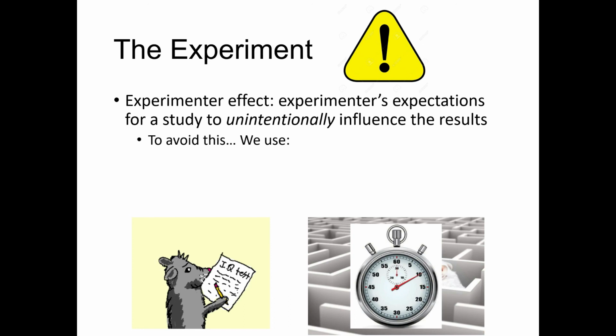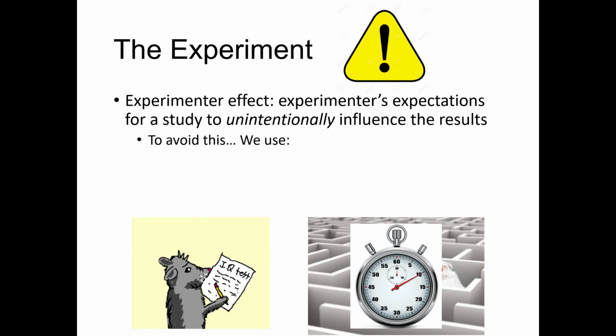But this was a lie, and in fact, there were no differences between the two groups. But after the assistants did the experiment, they found out that the smart rat group completed the maze faster than the not-so-smart rats. This is an example of the experimenter effect. Because the assistants were told that one group of rats was smarter, they had an expectation about the outcome, and as a result, the assistants may have unintentionally stopped the stopwatch faster for the smart group rats.